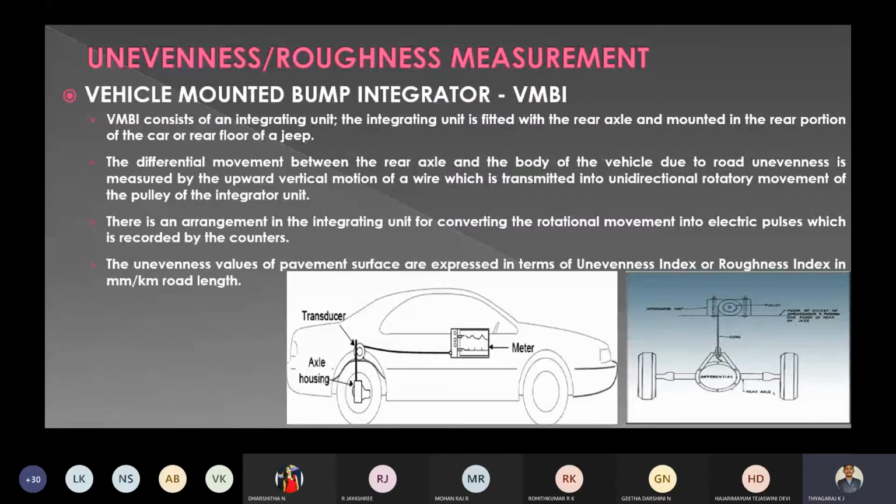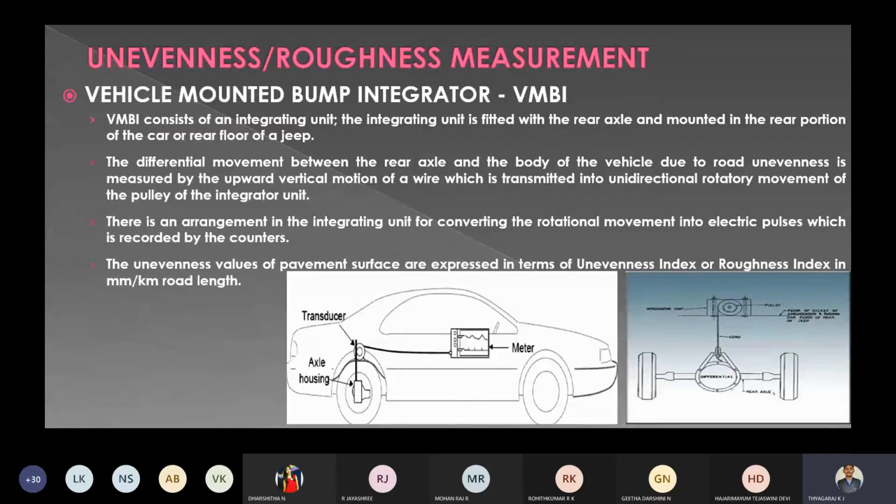How we get the readings in the fifth wheel is the same as in the vehicle mounted bump integrator. But in the fifth wheel, an extra wheel is fitted to the vehicle, whereas in the vehicle mounted bump integrator, the sensor and pulley arrangement are fixed inside the vehicle itself. Hence, it is called a vehicle mounted bump integrator.